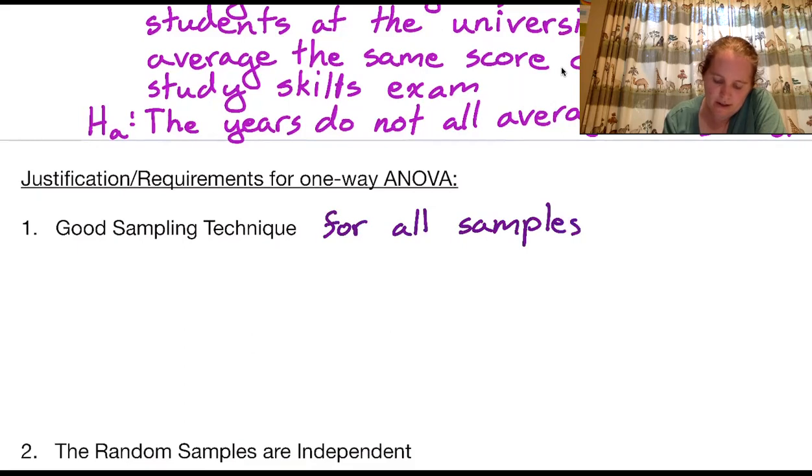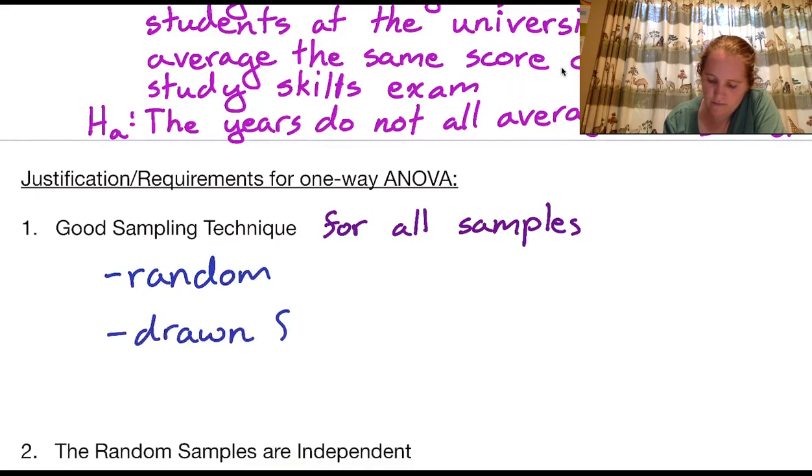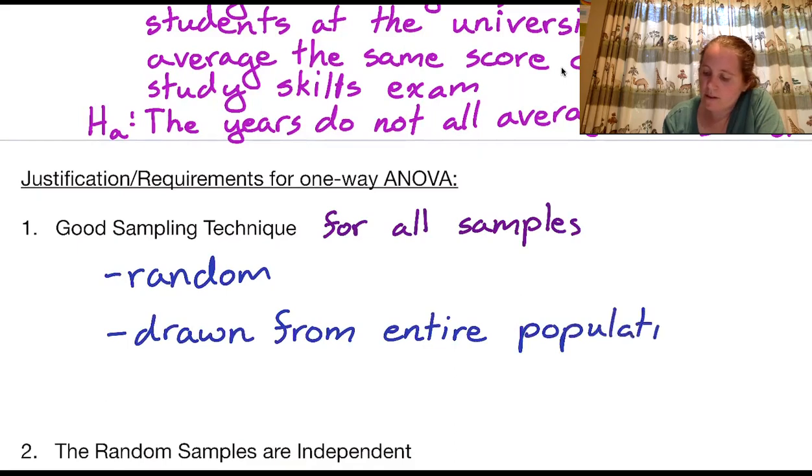We need random samples drawn from the entire population. In our example, we do meet both of these requirements. This is our usual requirement for any sort of inferential statistics.